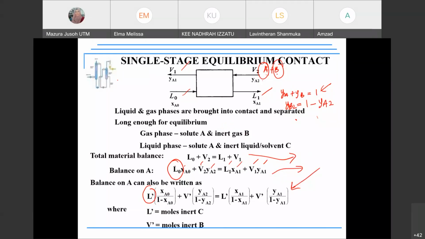So this equation is reducing the unknowns from 8 to how many? 1, 2, 3, 4, 5, 6. Because now you changed it into L naught and V naught. So from 8 it becomes 6. So let's see how you change from L to L prime.